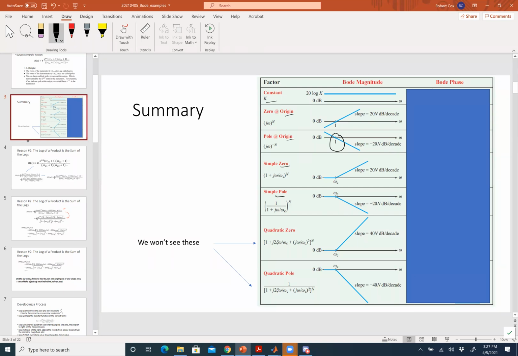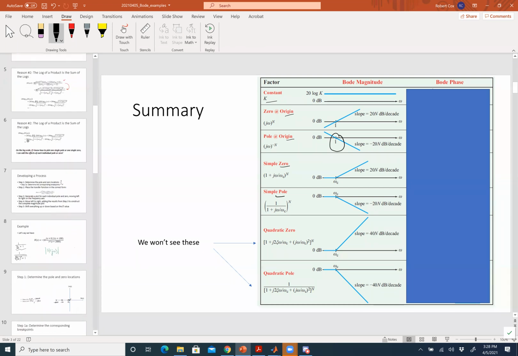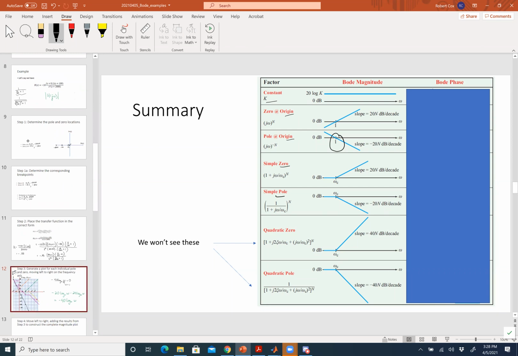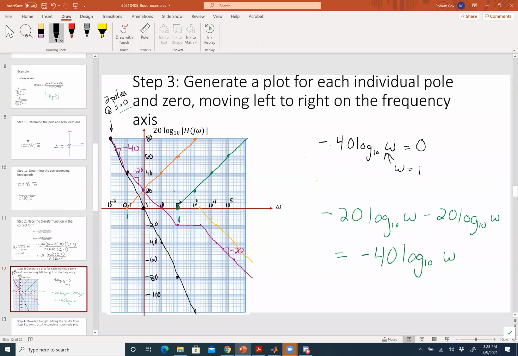That's it. I just need to know that if I have a 0, it rises; a pole, it falls. That's the critical thing to understand, those behaviors, and not to get too lost in the details of what all that means. You need to be able to handle those building blocks and assemble them.